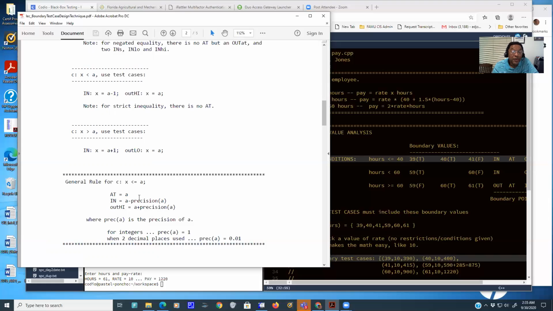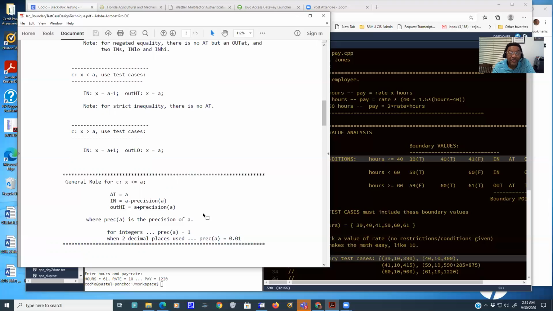For that reason, we introduce later on this notion of precision. It really means how many decimal places. How many decimal places do you want? So if I want to be within 0.01, to me, that's the closest number, which is really 2 decimal places, then I will say my precision is 2.